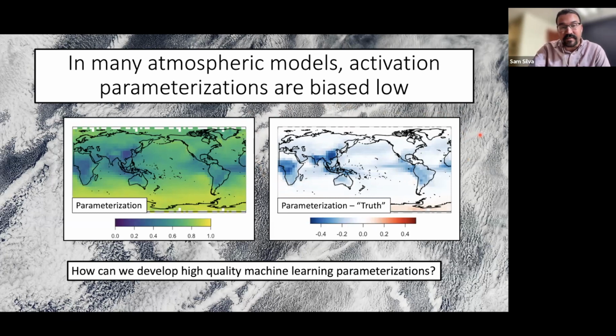And so what we were interested in is whether we could develop high quality machine learning parameterizations to help address this issue. I think trying to address limitations in Earth system models is something that a lot of folks affiliated with LEAP have been interested in from a machine learning perspective, and we definitely took inspiration from the work of some of the folks who are here on this call.